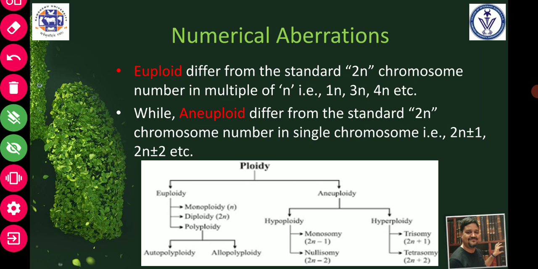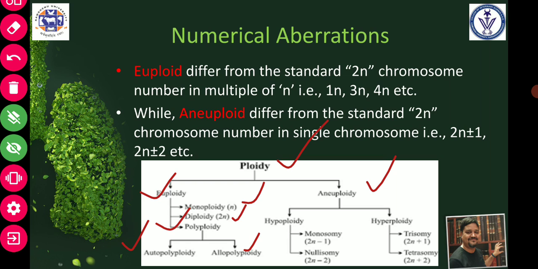So here in this classification, you can see ploidy is divided into two parts, euploidy and aneuploidy. Euploidy we have already seen: monoploid, and diploid is the standard structure. Then polyploidy. Polyploidy will have two types, autopolyploidy and allopolyploidy. As the name suggests, auto means self.